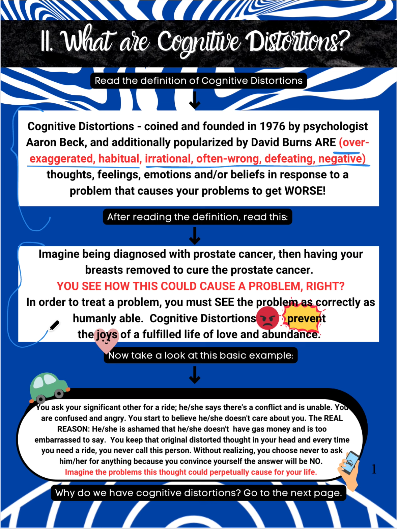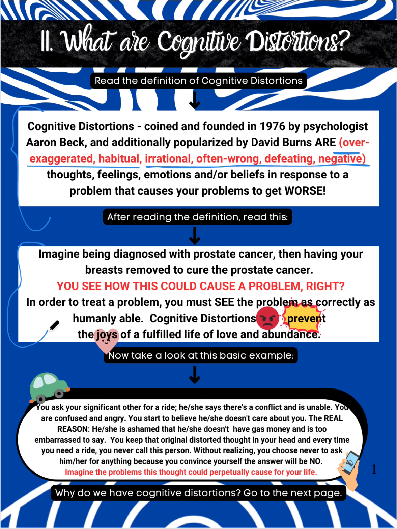In order to treat a problem, you must see it as correctly as humanly able, and then you must diagnose it in the right way. Cognitive distortions prevent the joys of a fulfilled life of love and abundance. Why? Because you're constantly looking at problems and you're not diagnosing them the right way.